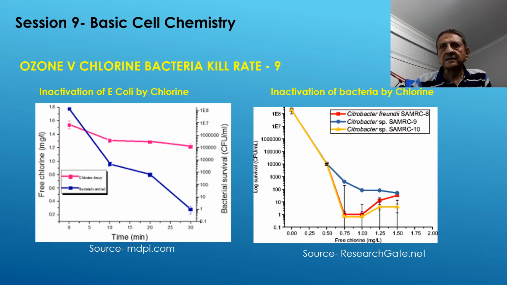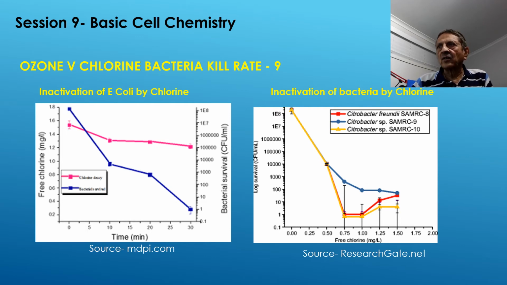But chlorine doesn't kill all the bacteria. There will be always some bacteria which are quite resistant and survive. And if you really want to kill all the bacteria, you have to ensure that you have a very high chlorine level. Now, the line in red simply shows a decay of chlorine with respect to time. That is, it decays from 15 ppm to about 12 ppm in 30 minutes.